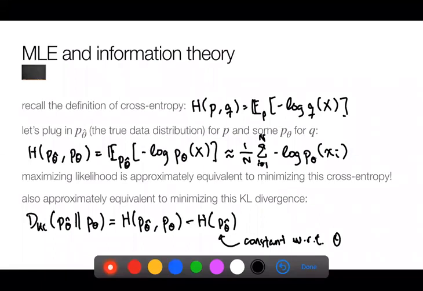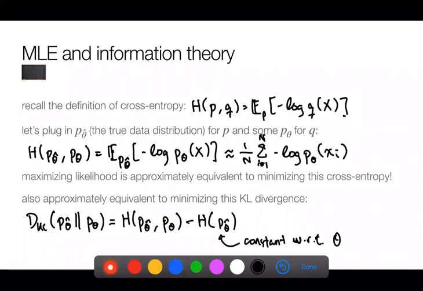But a product of distributions is actually really difficult to work with, because what I want to do is take a derivative, and taking a derivative of a product of a bunch of things involves many applications of the product rule, which is just really unwieldy. So instead of trying to maximize that product of probabilities, we can maximize the log of the product of probabilities, because an argmax doesn't change under the log function, because log is monotonically increasing.